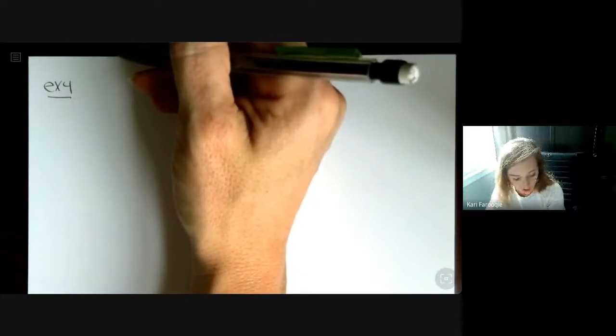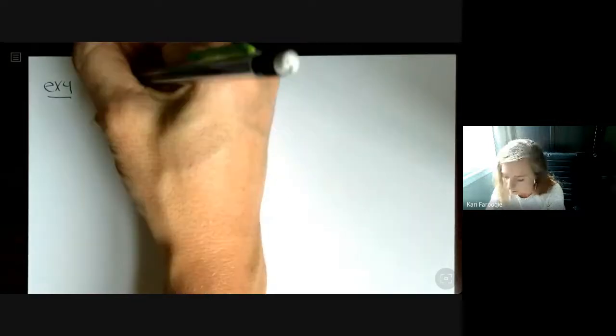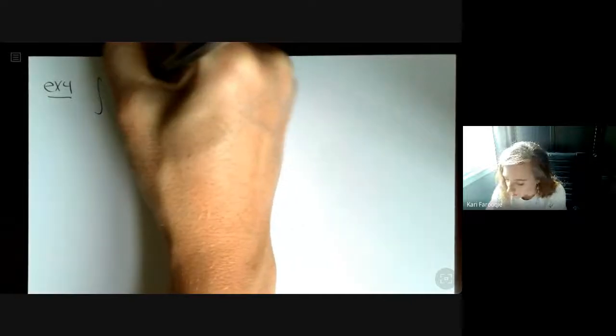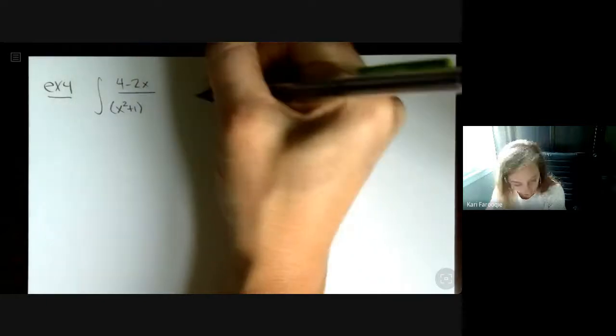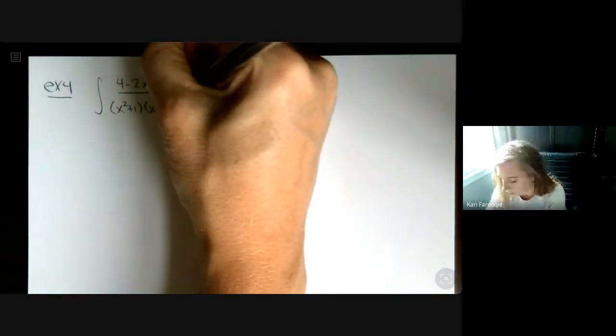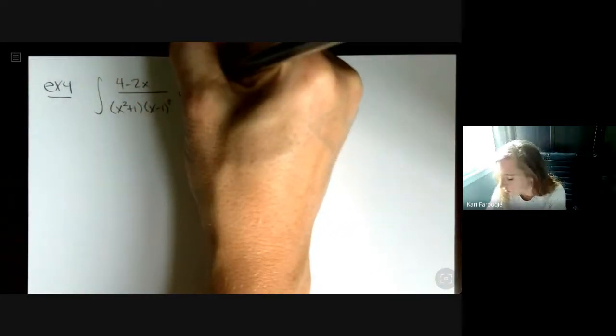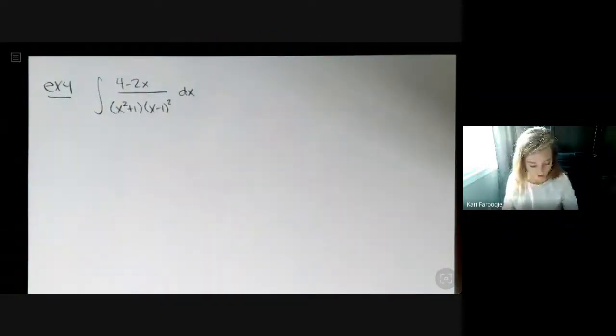So not just repeated linear, but also a quadratic factor. The numerator is 4 minus 2x. The denominator is one factor of x squared plus 1, and then a factor of x minus 1, quantity squared dx. And then we'll do a repeated quadratic factor after that.